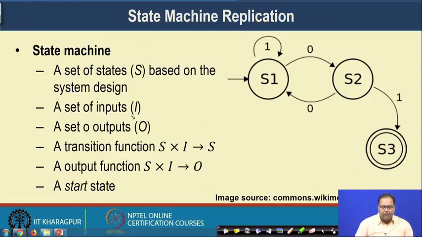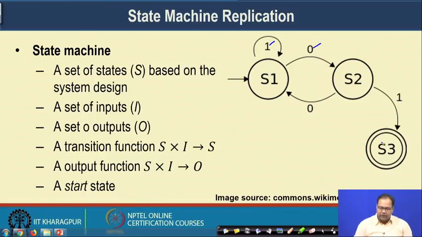Then you have a set of inputs which will tell you how your system will behave. Here there are 2 inputs, 0 can be one input to the system and 1 can be another input. Then you have a set of outputs. Here S3 is the final output of the system that is represented by the state machine.